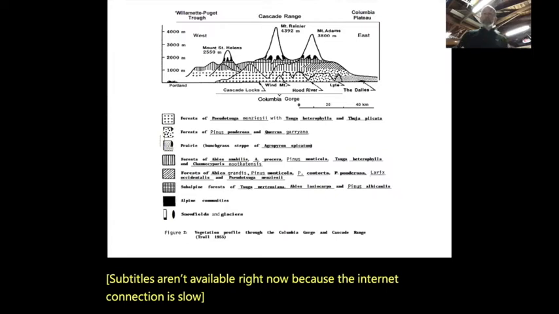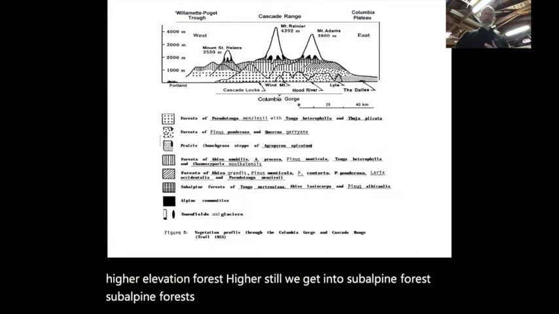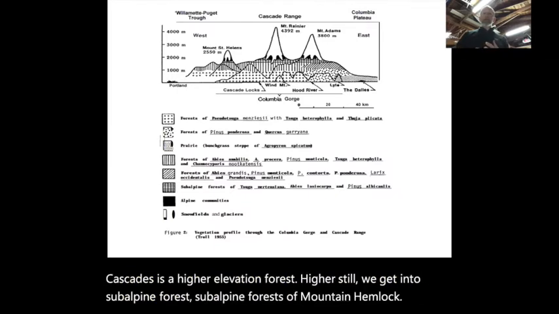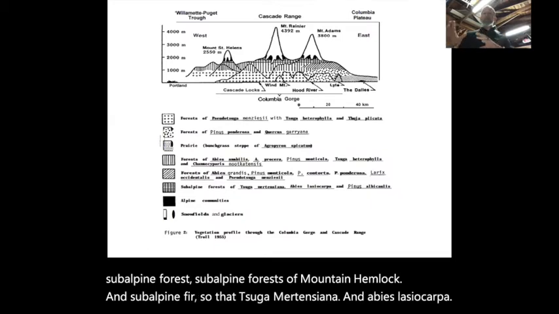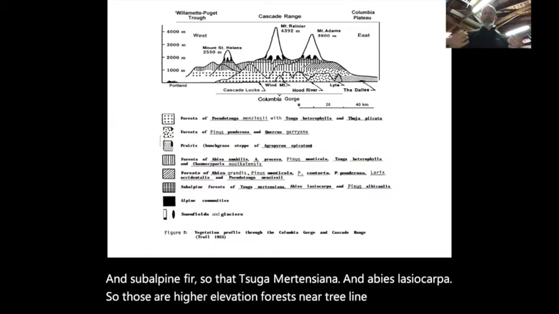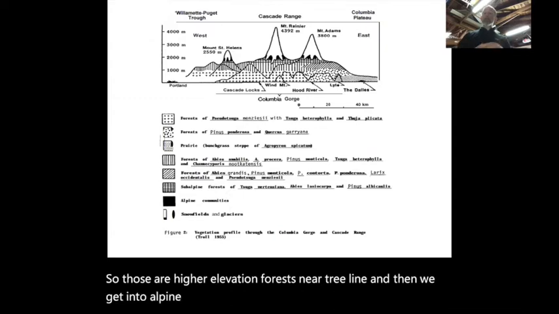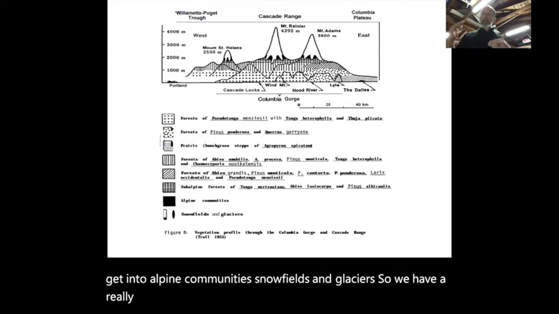Higher still, we get into subalpine forests of mountain hemlock and subalpine fir. So that's Tsuga mertensiana and Abies lasiocarpa. Those are higher elevation forests near tree line, and then we get into alpine communities, snowfields, and glaciers. So we have a really clear banding of different forest types as we go up in elevation.